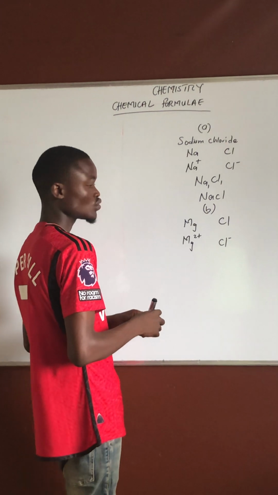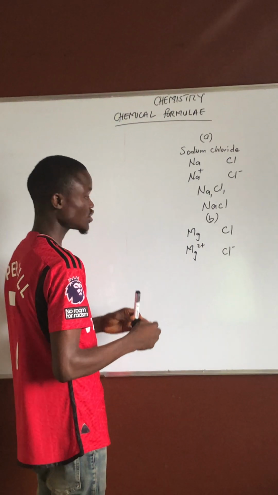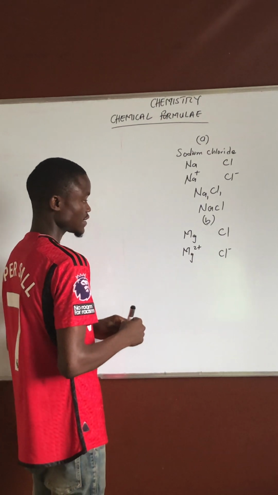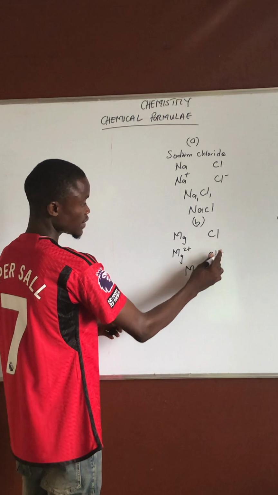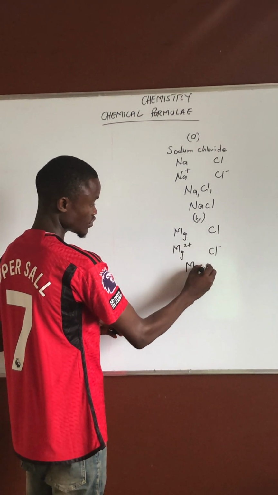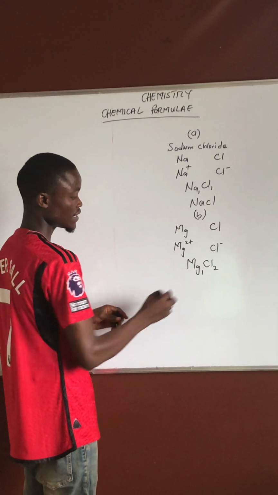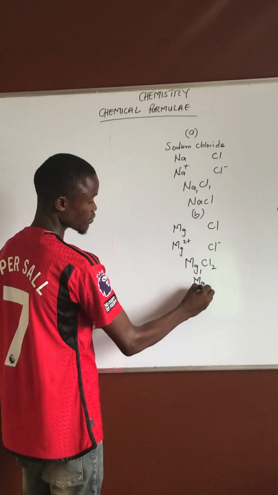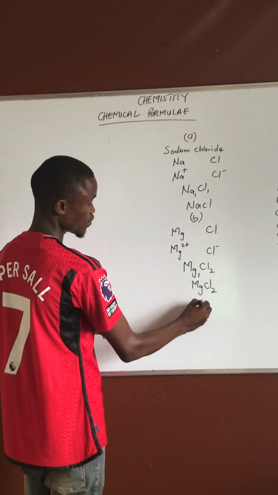So the next thing we need to do is exchange the oxidation state. So here, chlorine has a 1, while magnesium has 2. So now we have omitted the signs. So the formula for magnesium chloride is MgCl2.